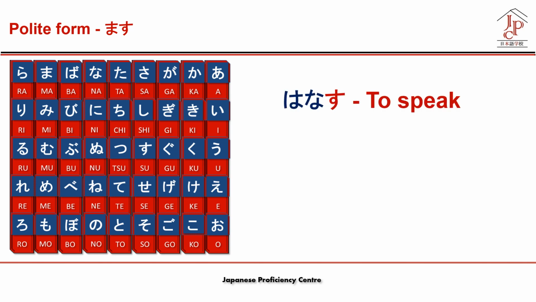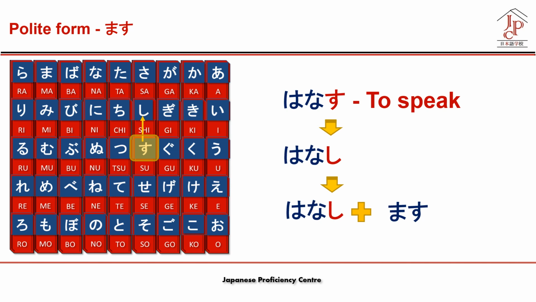Let us pick up a group 1 verb, hanasu. Now apply rule 1. Su will become shi. Now apply rule 2. Attach mas to it. Hanasu will become hanashimasu.